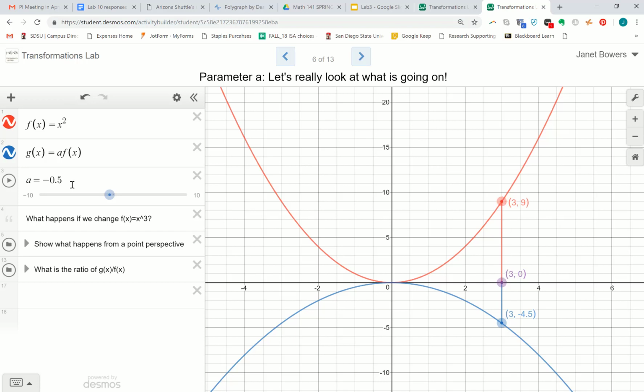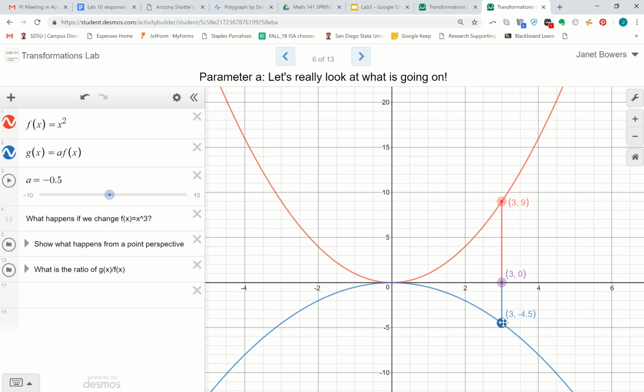In this case it's by negative 0.5, so you're going to cut this amount in half. The distance between 0, the x-axis, and the point, you're going to cut it in half, and then you're going to multiply it by a negative. That's why it reflects across the y-axis, because it's the y that's changing sign.